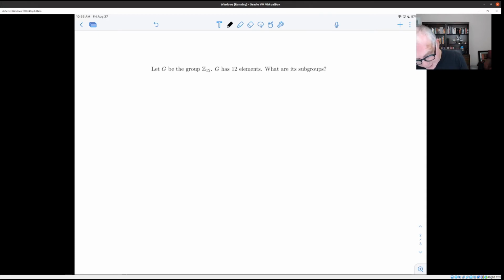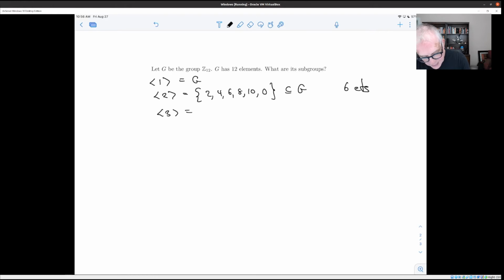So let's take the possible cyclic subgroups generated by elements of this group. If you take the group generated by 1, that's all of G. If you take the group generated by 2, that's the subgroup 2, 4, 6, 8, 10, 0 contained in G, which has 6 elements. If you take the group generated by 3, that's 3, 6, 9, 0.